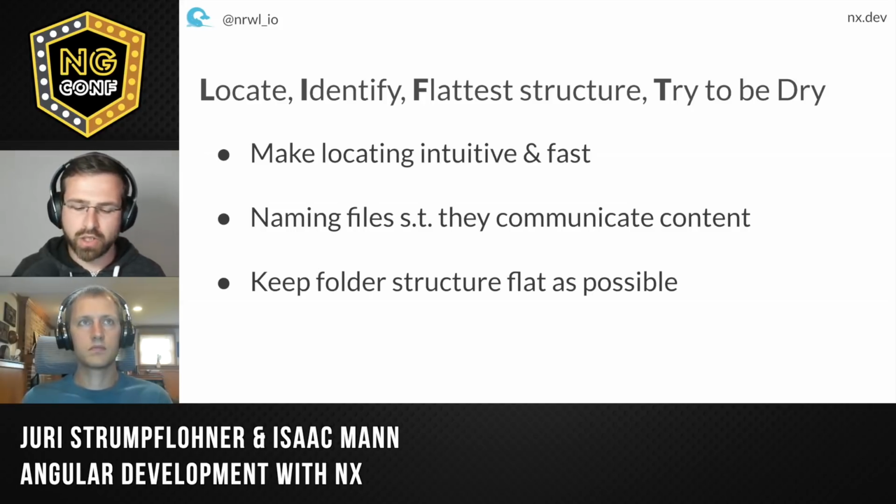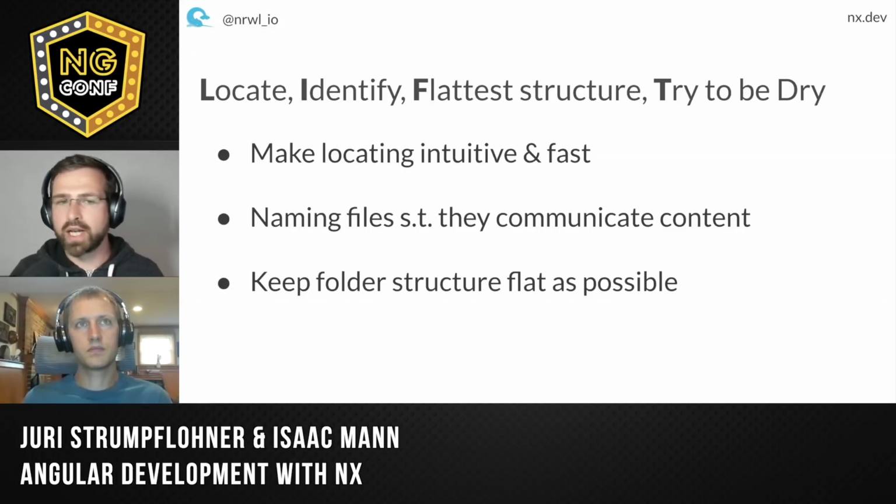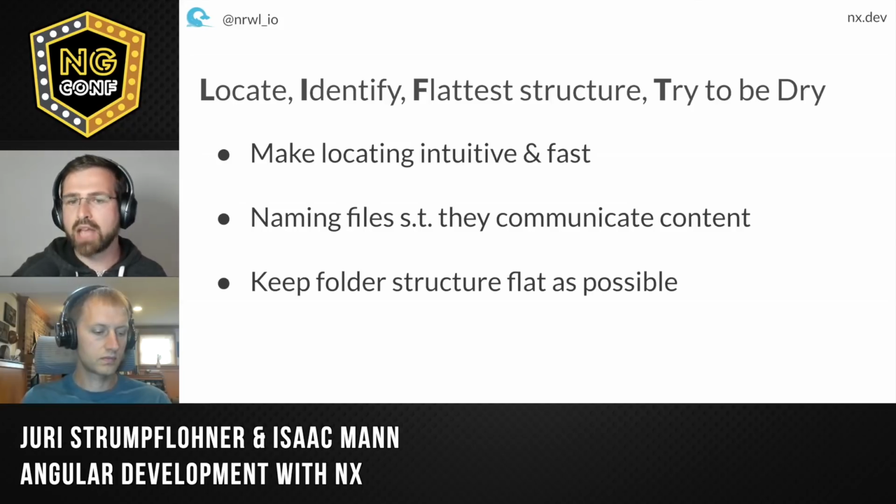Also, if you take a look at the file extensions and such, you should know what each file contains, so that you don't have to search around, especially if the whole underlying repository source code is unknown to you. Also, in terms of the folder structure in general, they suggest you start as flat as possible. And then as you need more structure, you start nesting things.